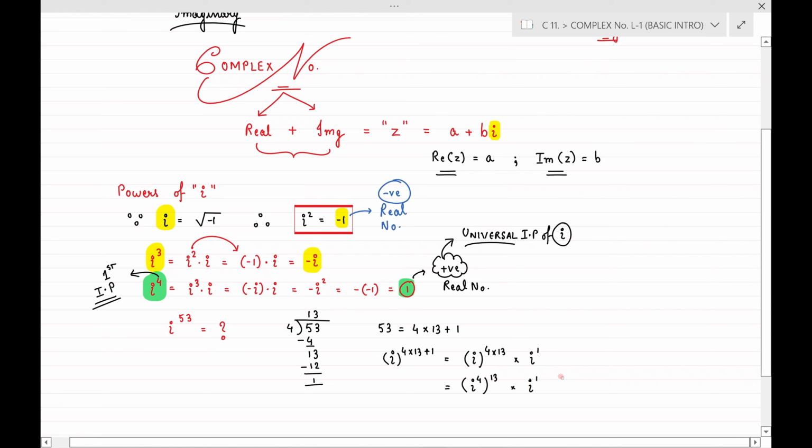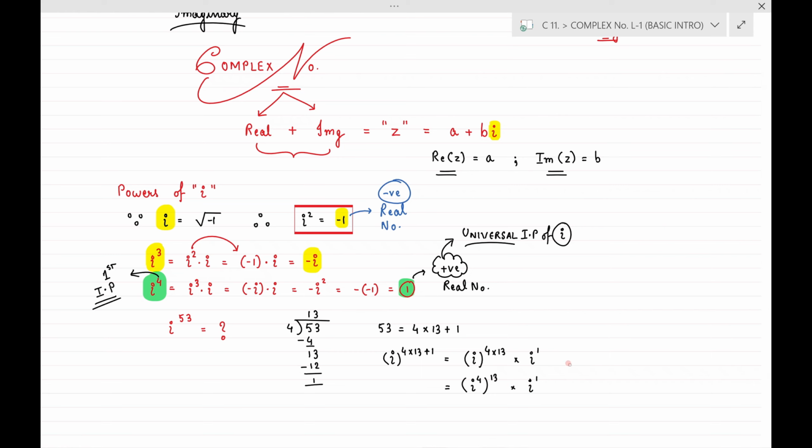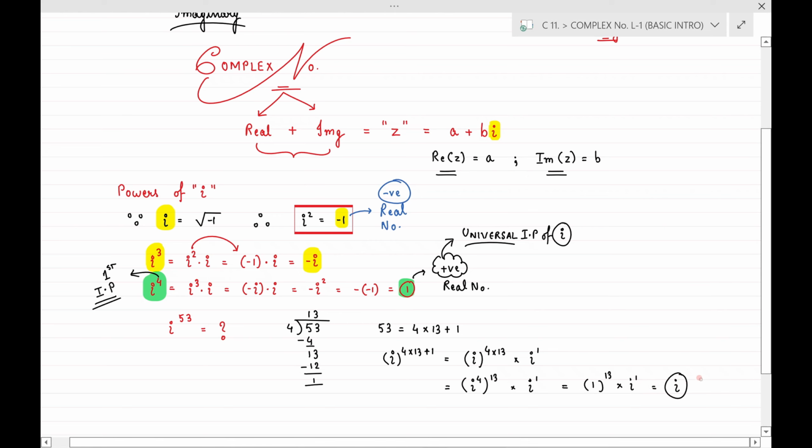The meaning has not been changed. The meaning remains the same. Now in place of iota to the power 4, we can write 1. The value is ultimately equal to iota.